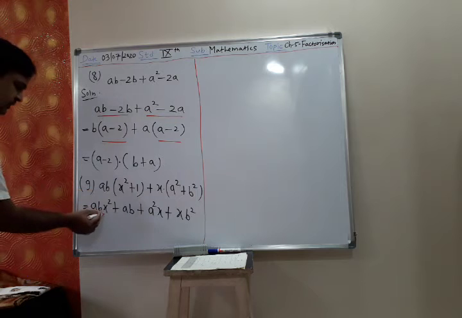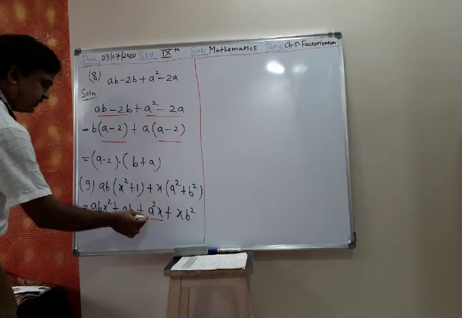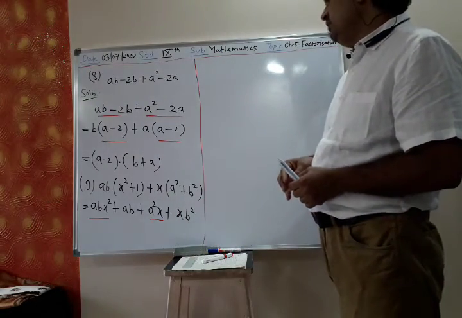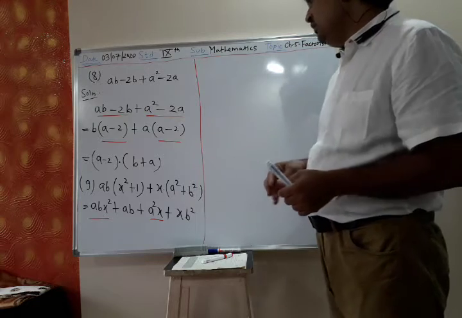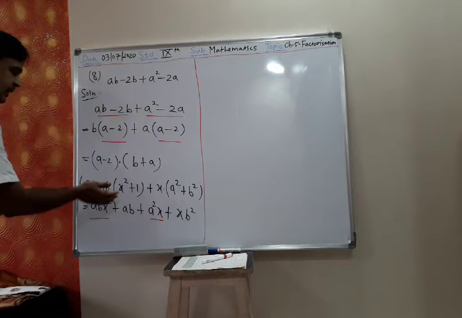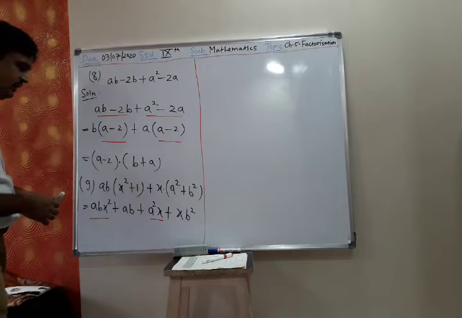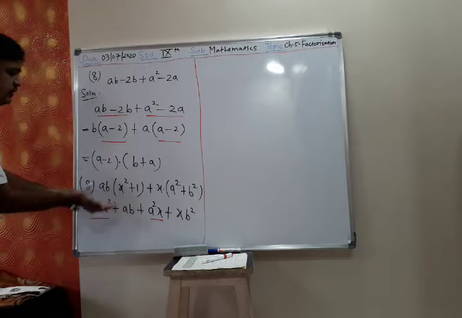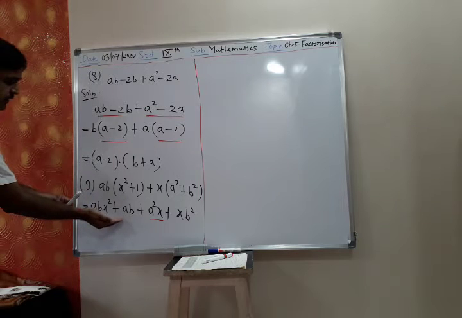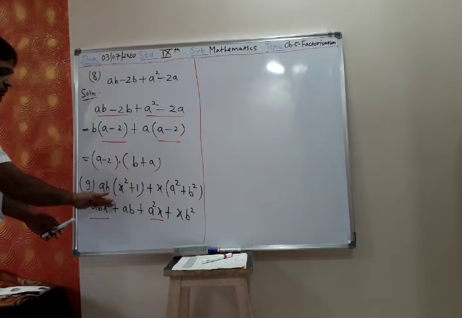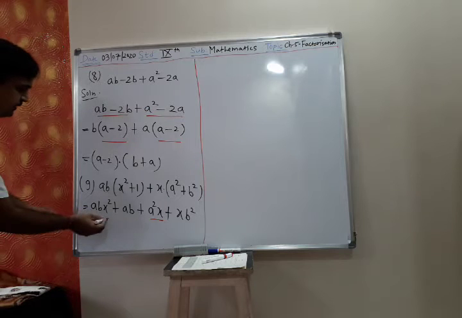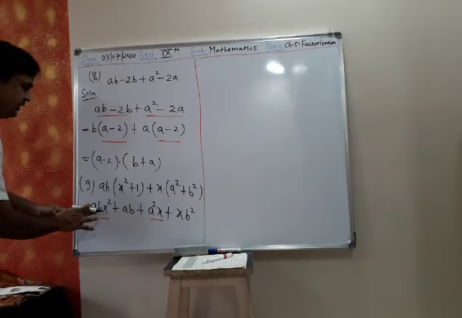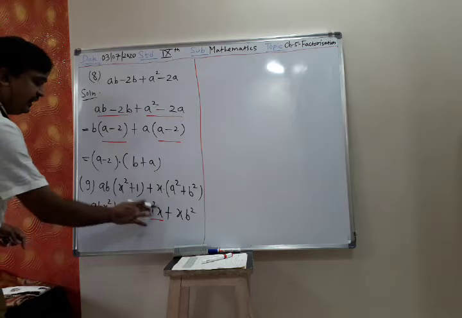AB x square and A square x, ax is common. If you take the first two terms only, then again you will go backward, but now you have to move ahead. So AB x square and A square x, ax is common, then what is left? Bx plus A is left.